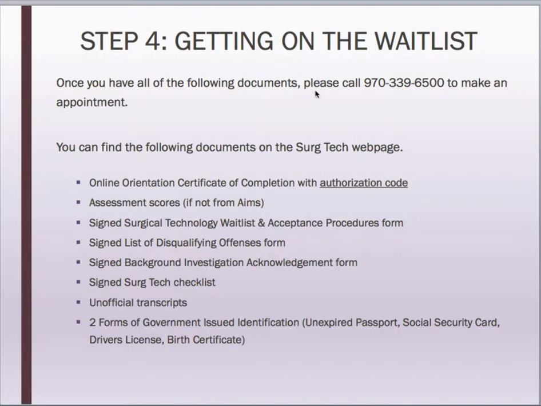Step 4. Getting on the waitlist. For the final step of placing yourself on the waitlist, download and sign the following forms: Online Orientation Certificate of Completion with Authorization Code, Assessment Scores, if not from Ames Community College, Surgical Technology Waitlist and Acceptance Procedures, List of Disqualifying Offenses Form, the Background Investigation Acknowledgement Form, and the Surg Tech Checklist.